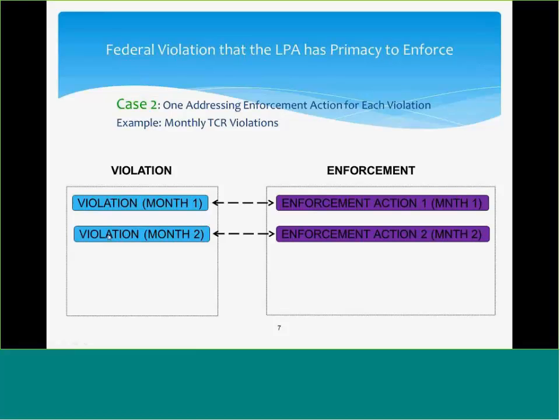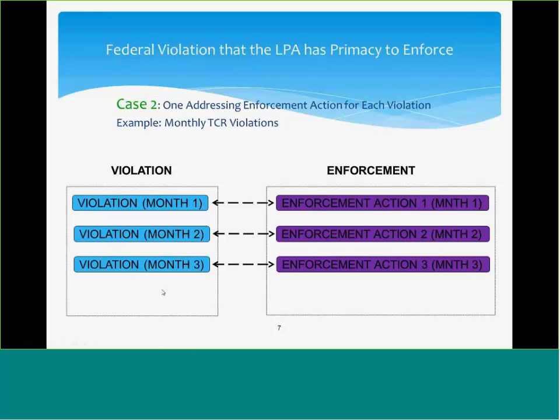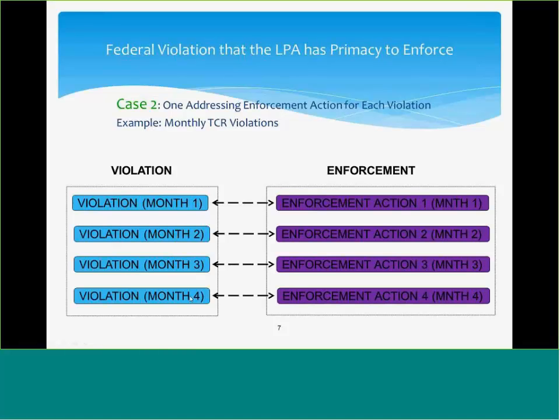Say month two, they're in violation again, so you would enter an enforcement action in SDWIS, and then associate that enforcement action to the month two violation. And it's so on for three, and so on for month four.